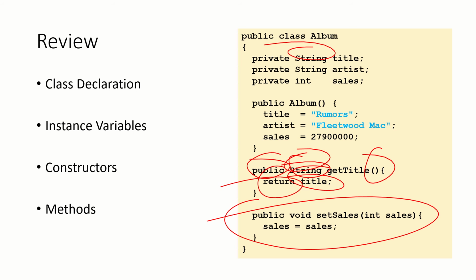Then we have a setter. For this setter, we want to set the value for the cell. Basically, you need the user to set the value of cell, right?